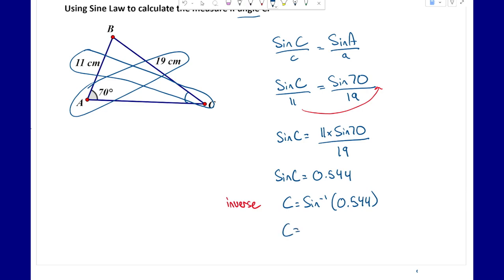And from there, I get my answer of 33 degrees. So you do want to make sure that when you're finding an angle, that very last step should be the inverse of your ratio. Very similar to when we were finding an angle for right angle trig, though there are a few more steps in the beginning that we have to do.